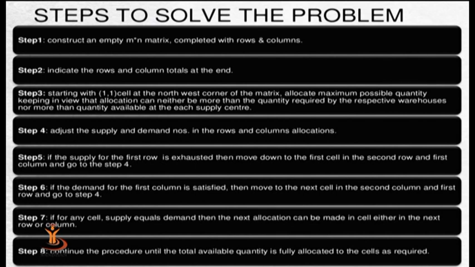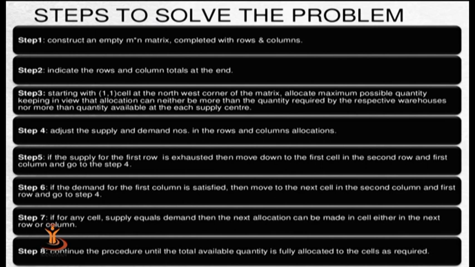Let us see step 3. Starting with 1,1. By 1,1 here it means the first cell in the top row, which is in the northwest corner of the matrix.